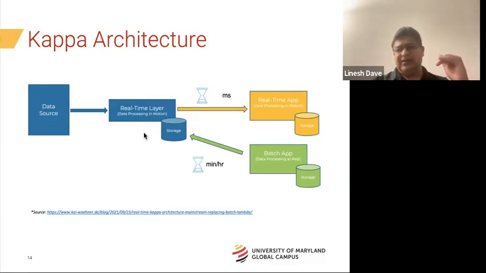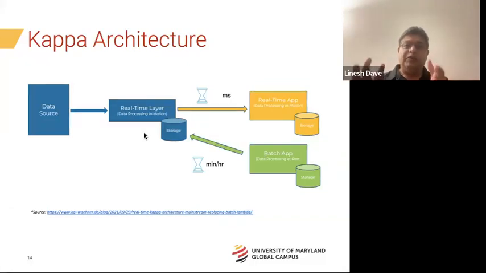Now, both these layers, instead of having two different channels of bringing in the data, you're bringing in through only one single layer, and that's the real-time layer, right? So this is, in short, a Kappa architecture.